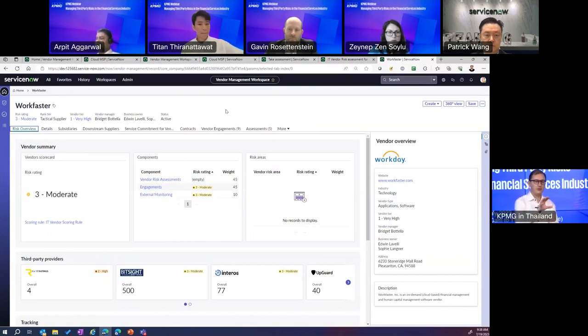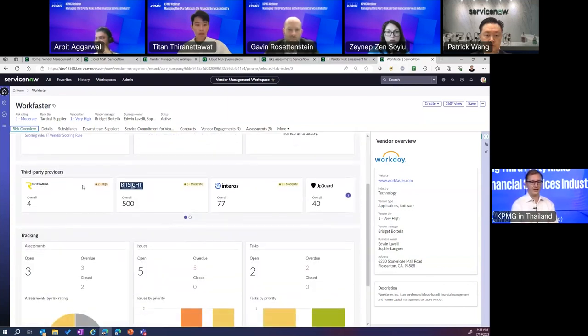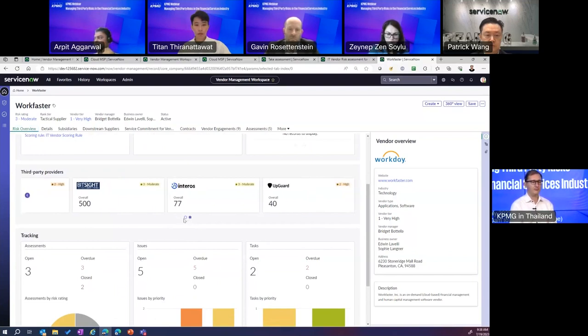Arpit, you showed that these integrations are available and doable. So how complicated is it, and how much effort is actually required to put in place and establish these integrations?